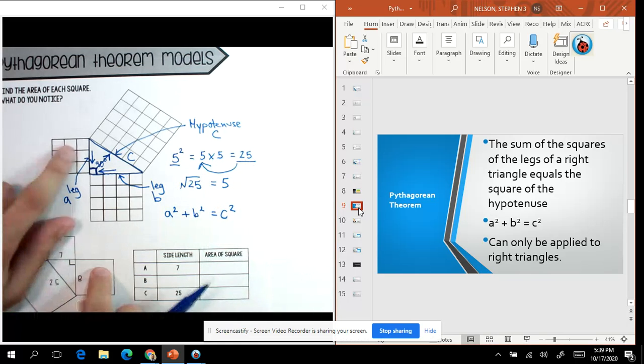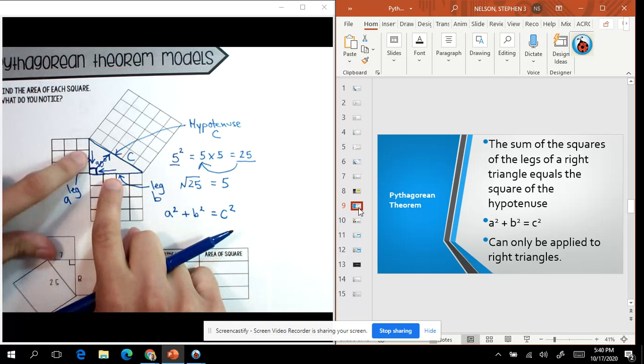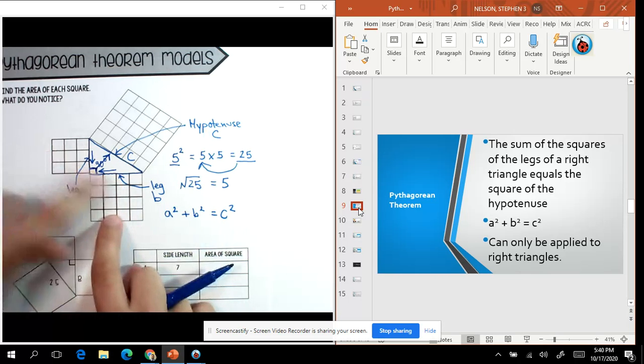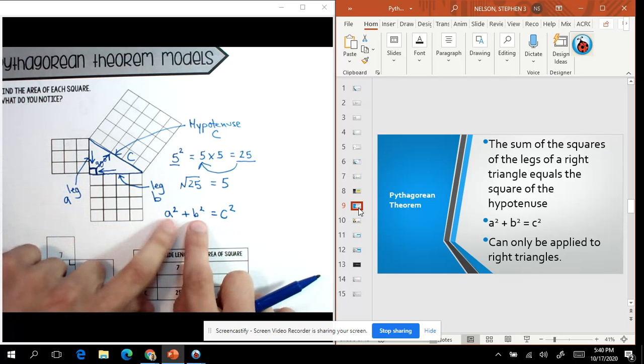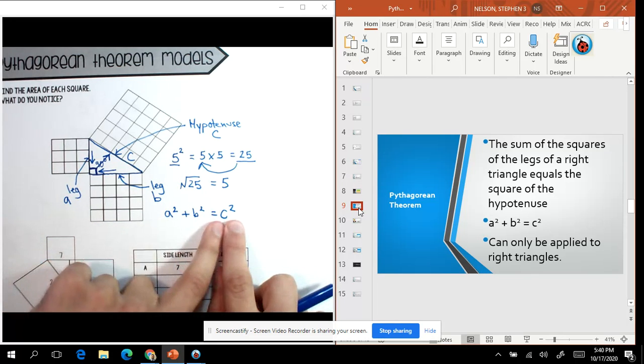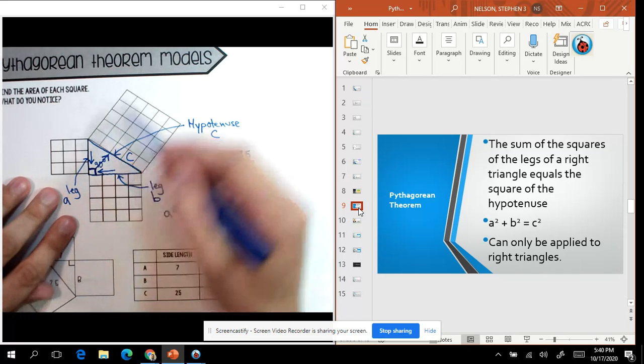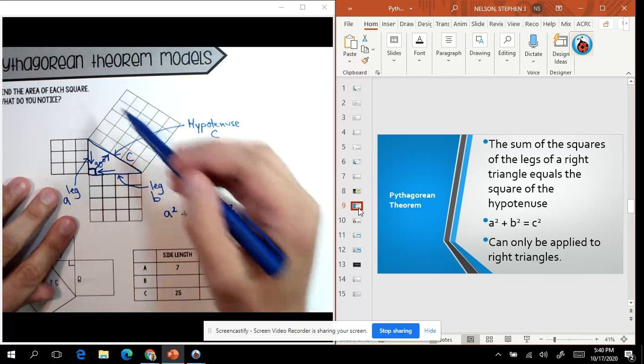So the sum of these two sides' squares, which is why you see these squares, because it's squaring the sides, and it's equal to the square, or the area, of this square right here.